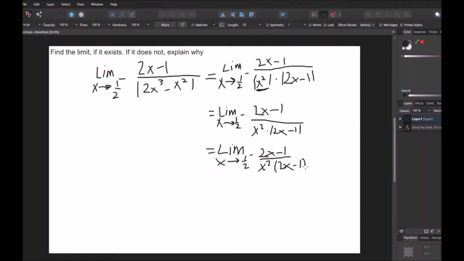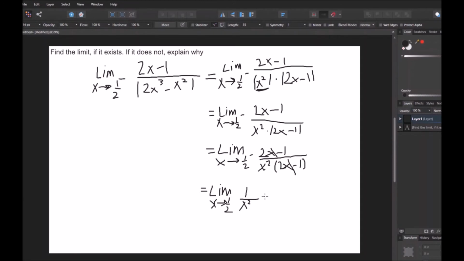And we can do that because we know that the x values will be smaller than 1/2, because it's approaching from the left. Now I can cancel these out, and I'll get the limit as x approaches 1/2 of 1 over x squared.